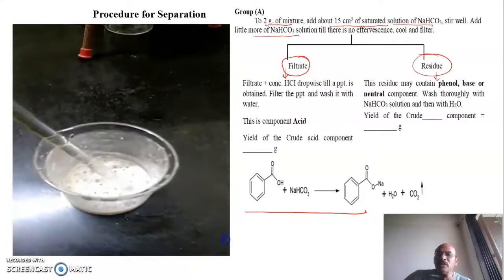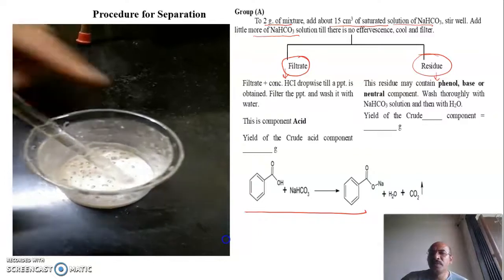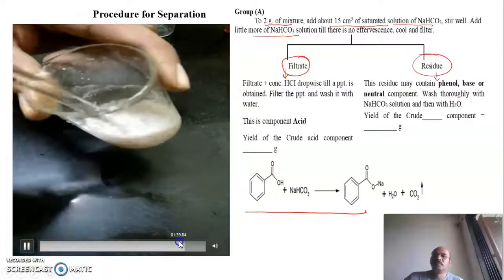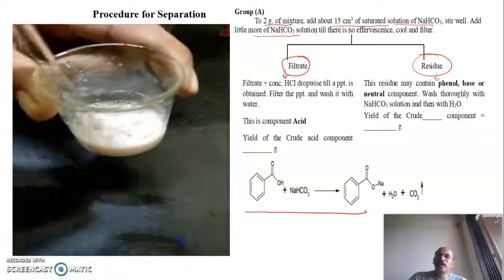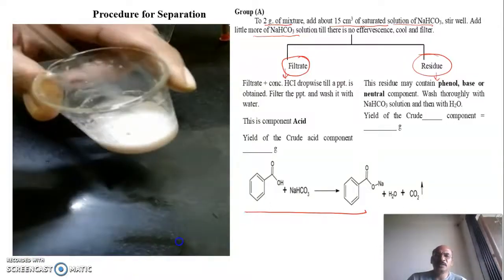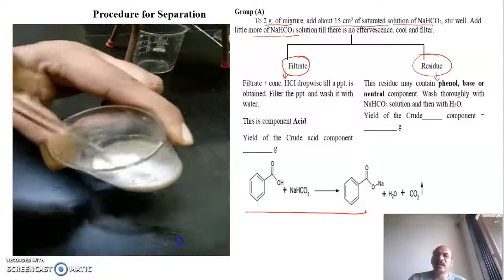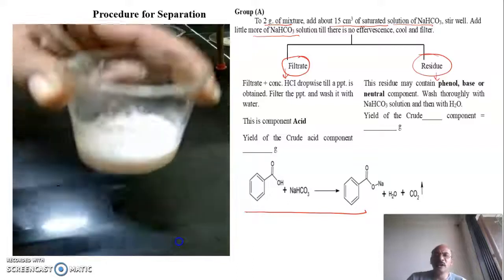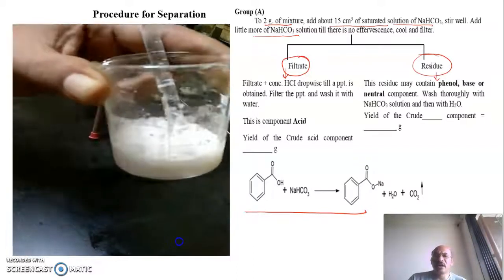Now see that bubbles of CO2 are coming out. We'll give a little time for completion of the reaction, as both are weak acids. Carboxylic acids are not strong acids, but always more acidic than phenols, and sodium bicarbonate is a weak base.